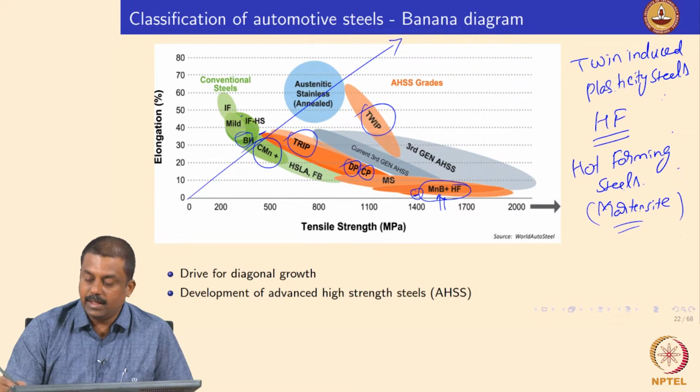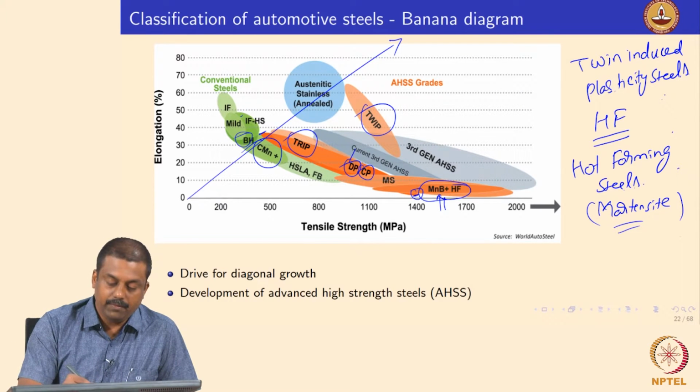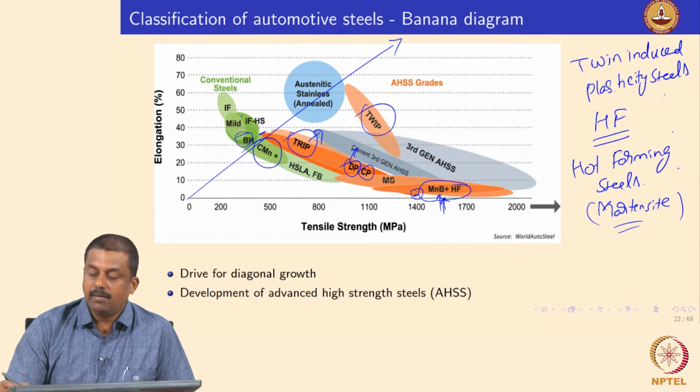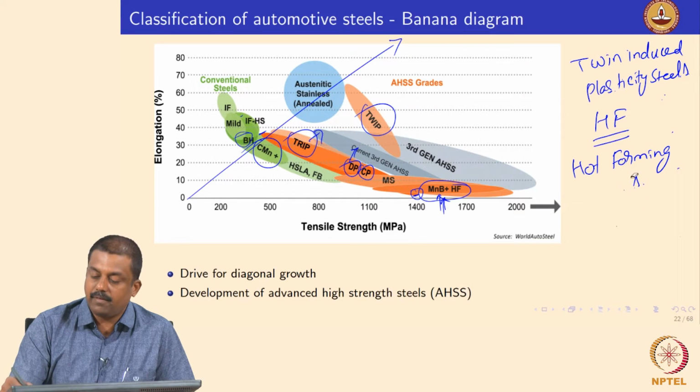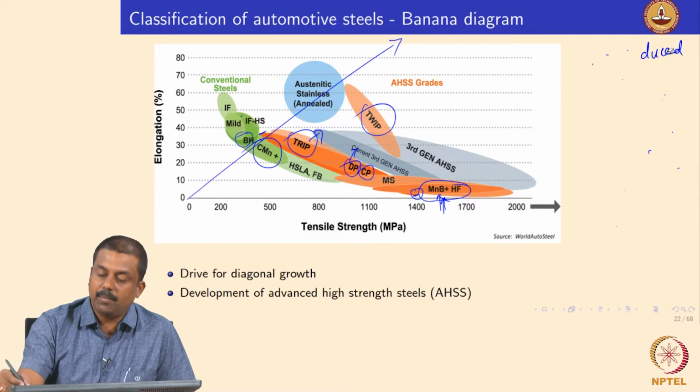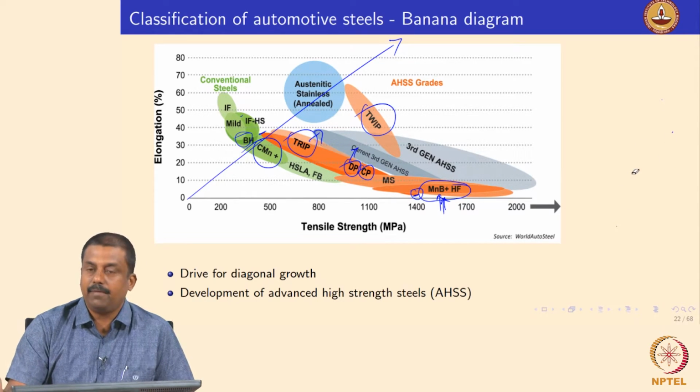So we will see in detail in subsequent slides the actual physical metallurgy of dual phase steels, TRIP steels and hot forming steels, and how we can achieve these excellent combinations of microstructures which can give both strength and ductility, as well as how we can achieve a fully martensitic microstructure from a ferritic pearlitic microstructure upon forming.